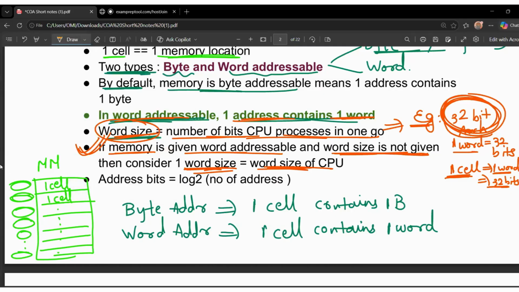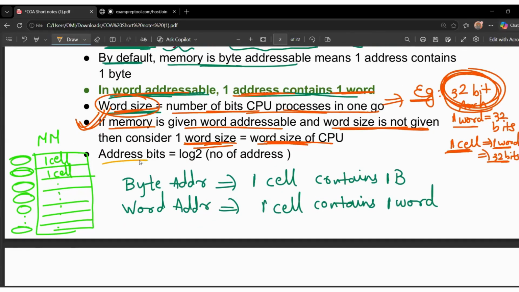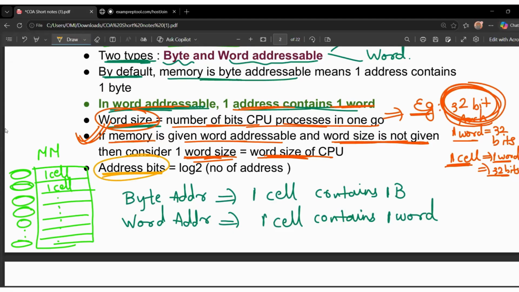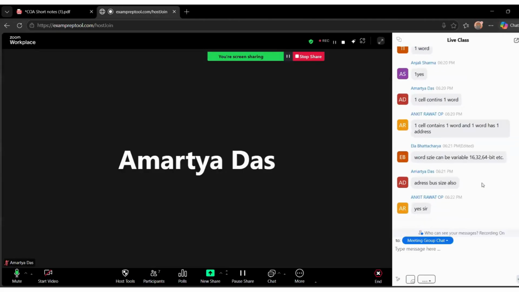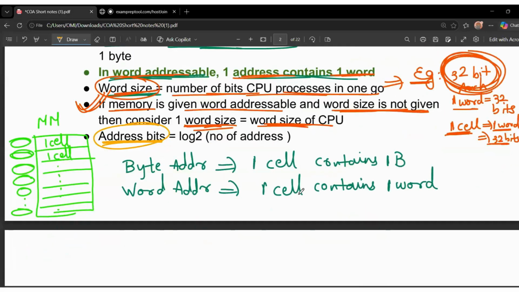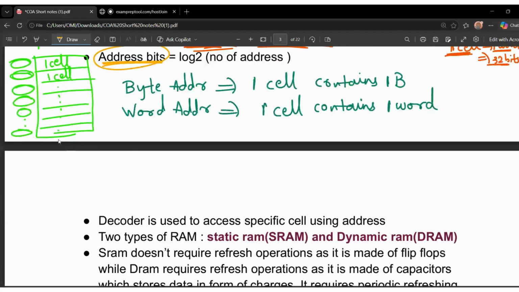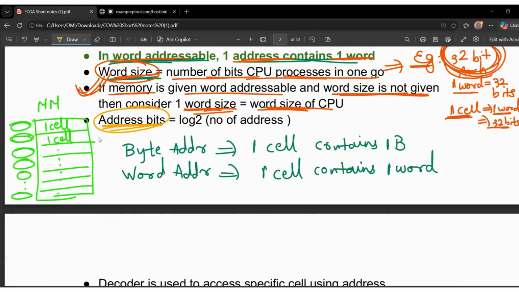Now next point: what will be the address bits if you have 2 power n locations? We have seen many questions regarding this. If you have 2 power n addresses, how do you find the address bits?